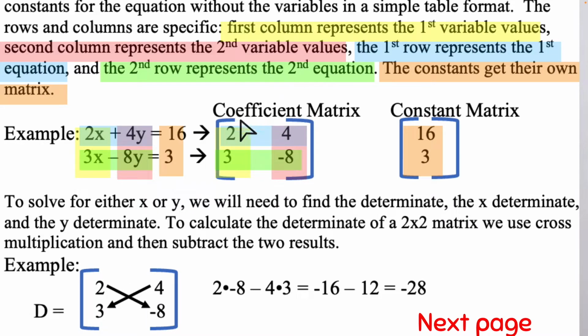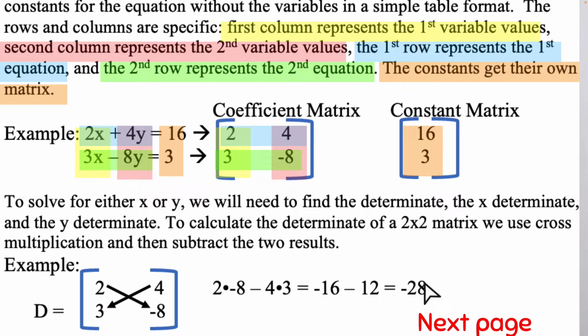So I have 2 times -8 and then 4 times 3. So I'm cross multiplying, and I get -16 minus 12. The minus is part of the formula, I guess you'd call it. Both are negatives, so I'm going to add and keep that negative sign. So the determinant on this one is -28.